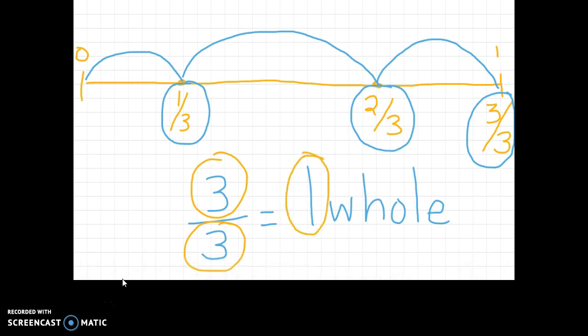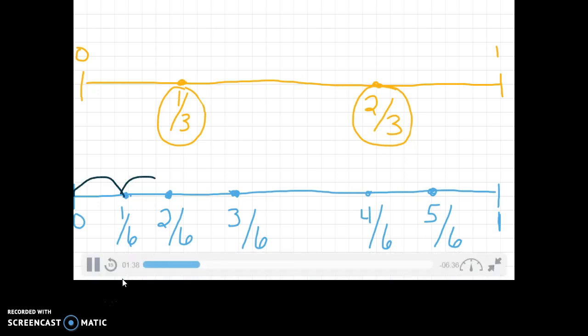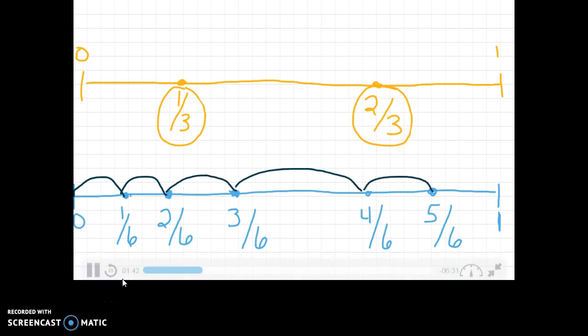So now let's use that to look at how we can find equivalent fractions on a number line. You'll see that I have my number line from the very beginning, the 1/3 and the 2/3. Below that, I have another number line, divided into 6 equal parts. 1, 2, 3, 4, 5, 6.